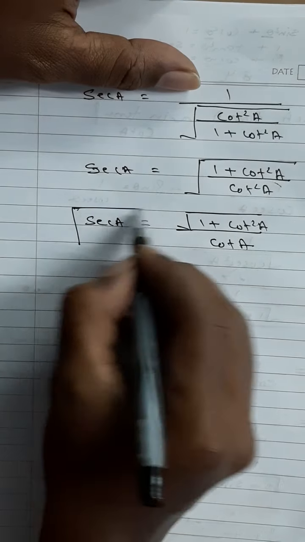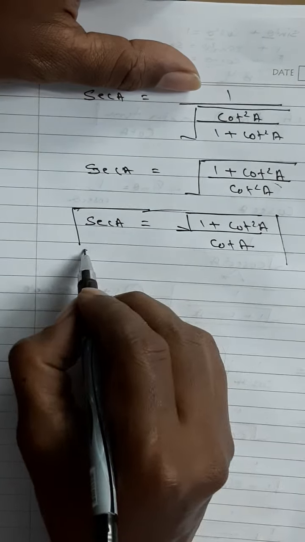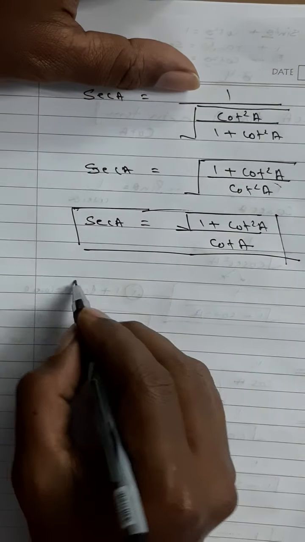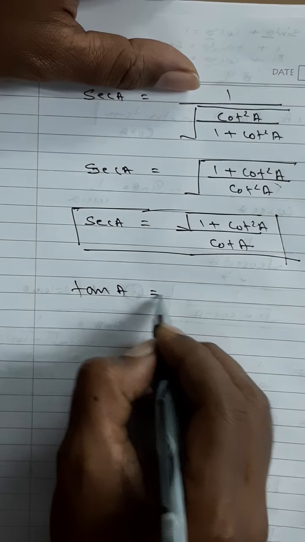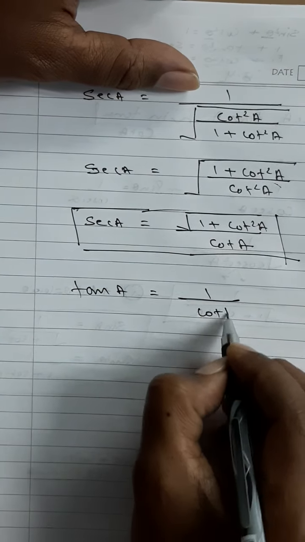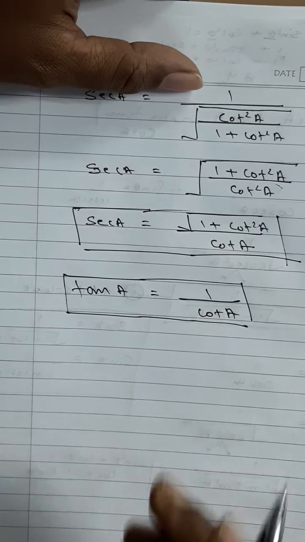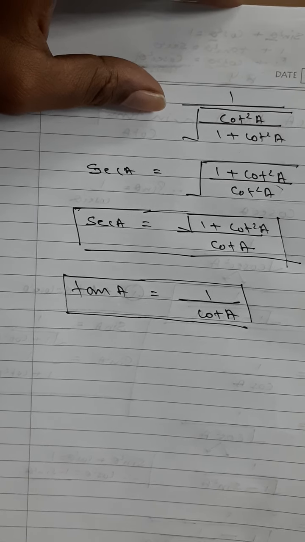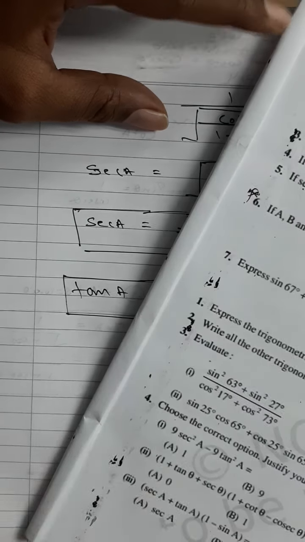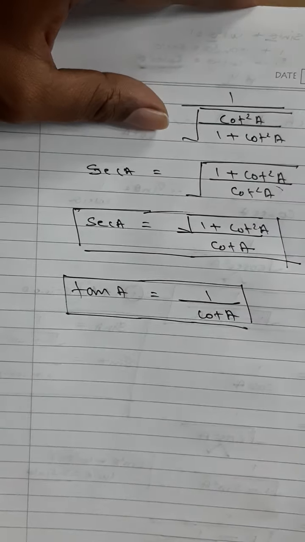Again I have written sec a in terms of cot a. Now tan a is very simple, equal to 1 upon cot a. Finished. This is how you have to write. That's what they have asked you to write: sin a, sec a, tan a in terms of cot a.